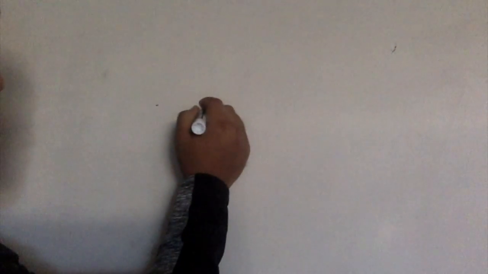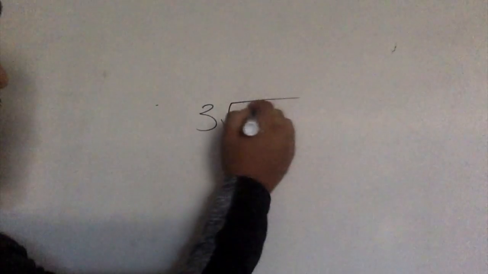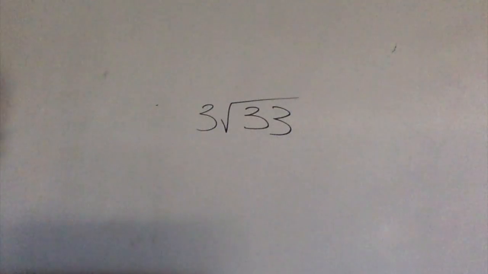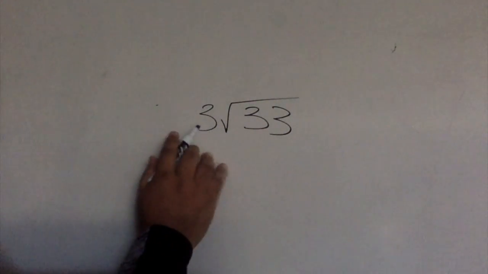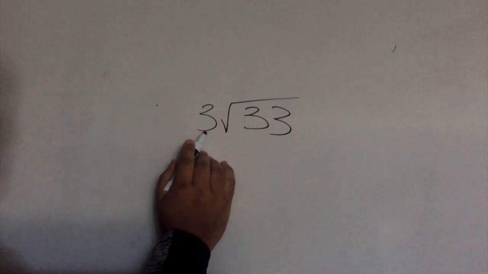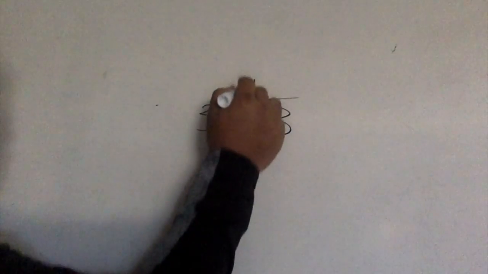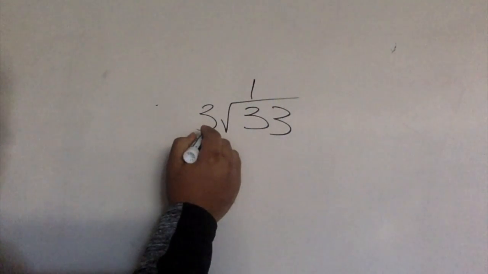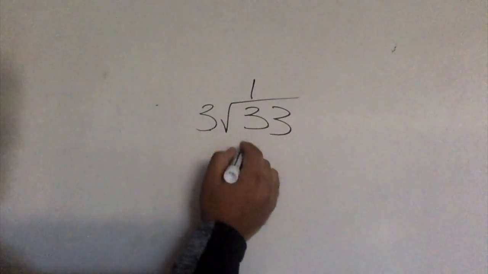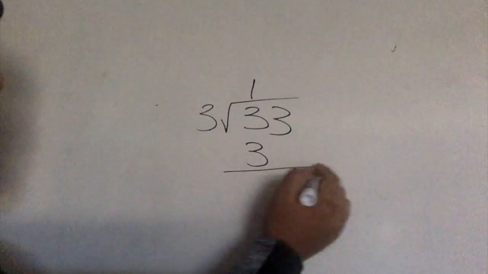So let's take a review of what we did last time, and then we're going to step it up. Now the first problem we're going to try is 33 divided by 3. Just to review, you think to yourself, how many times does 3 go into 3? We know that is one time, because 3 times 1 equals 3.